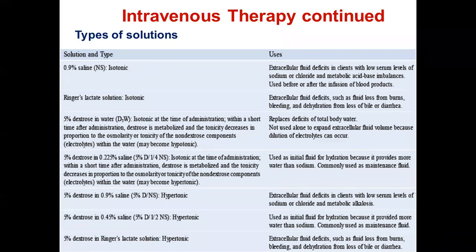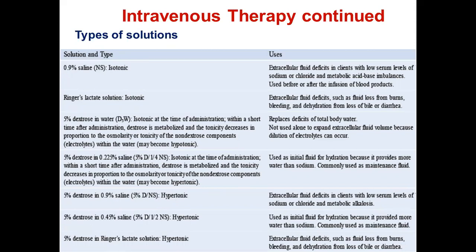Another common question the NCLEX board asks: if your patient needs a blood transfusion, you need isotonic. 0.9% normal saline is always hung with a blood transfusion. Common question the NCLEX board asks.